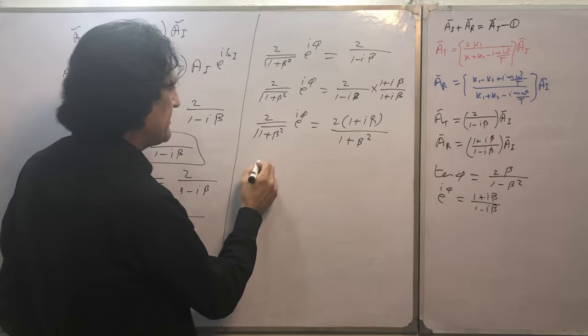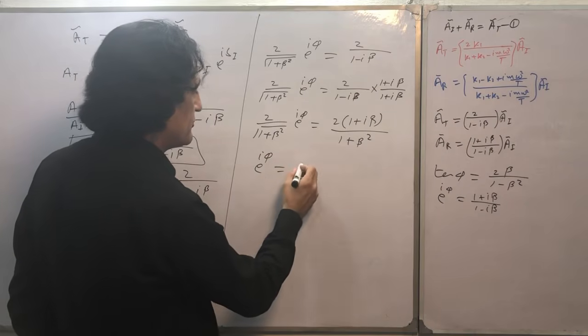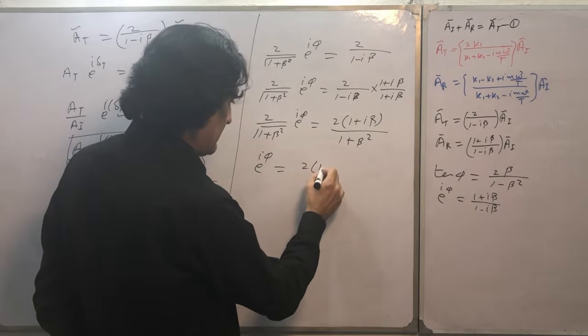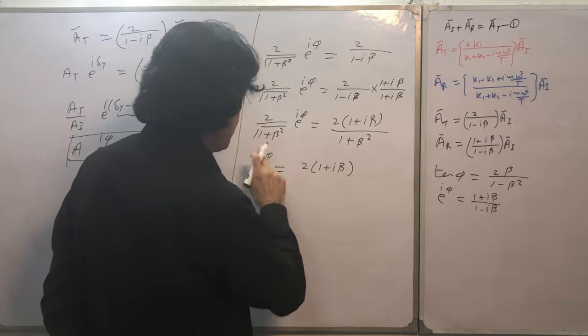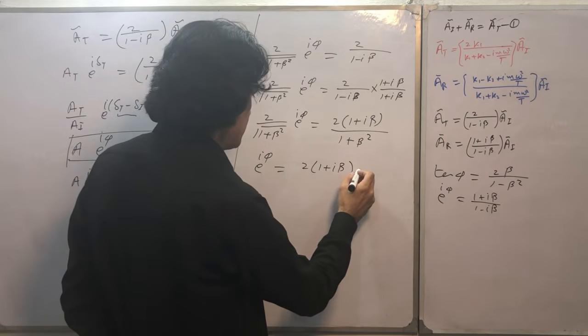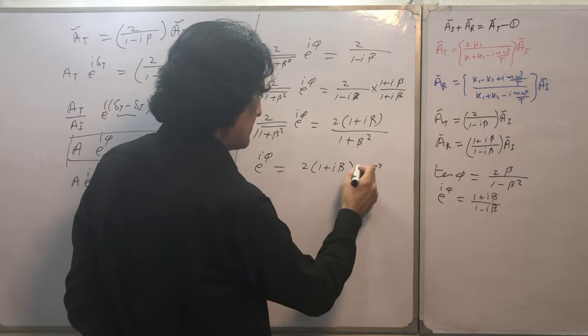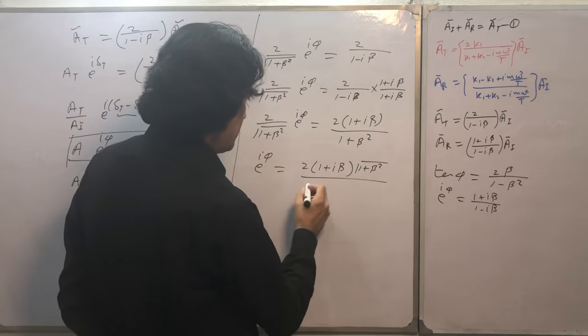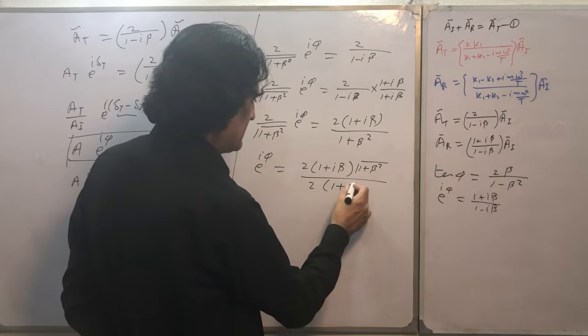And then e^{iφ} is equal to 2 (1 + iβ) multiplied by √(1 + β²) divided by 2 (1 + β²).